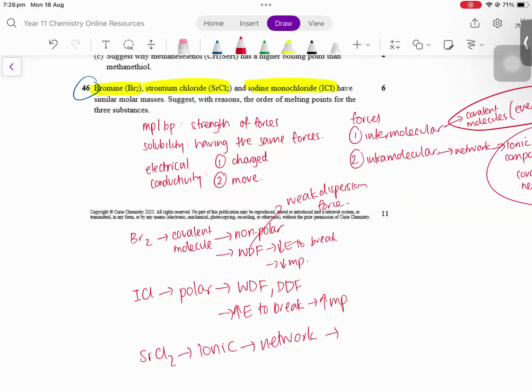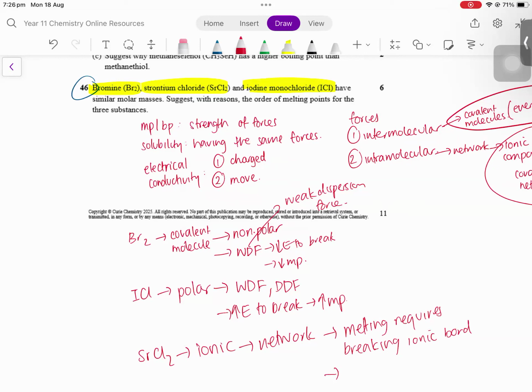So melting requires breaking the ionic bond, which, guys, bonds require way more energy to break than forces do. These are the things that actually hold your atoms together, that keep the formula.